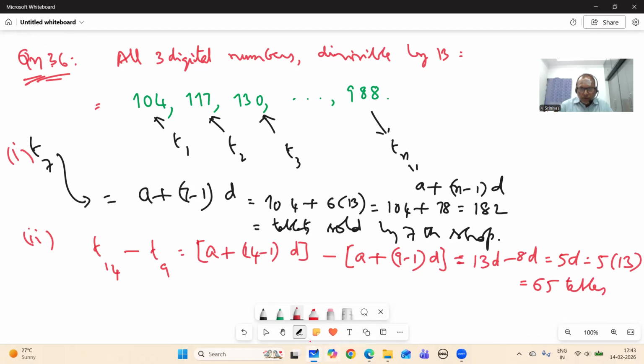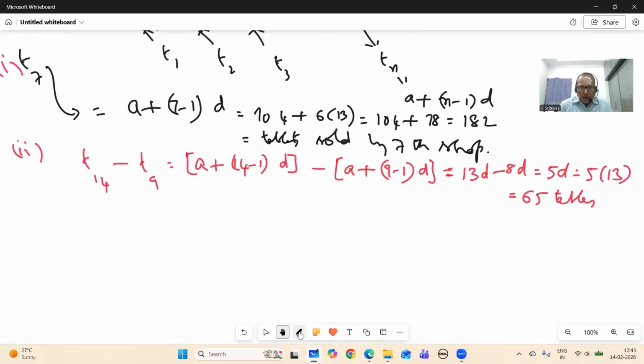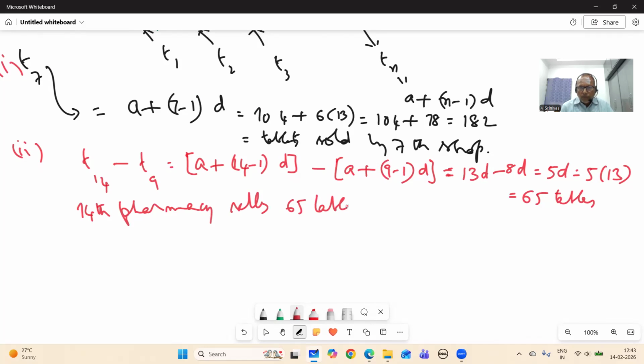So what can we write? The 14th pharmacy sells 65 tablets more than the 9th pharmacy.